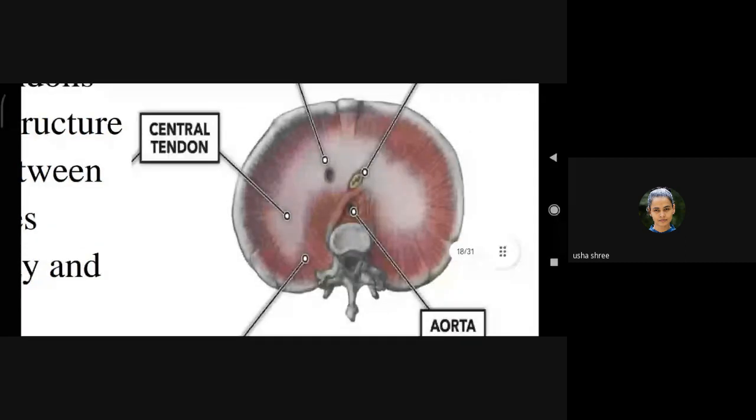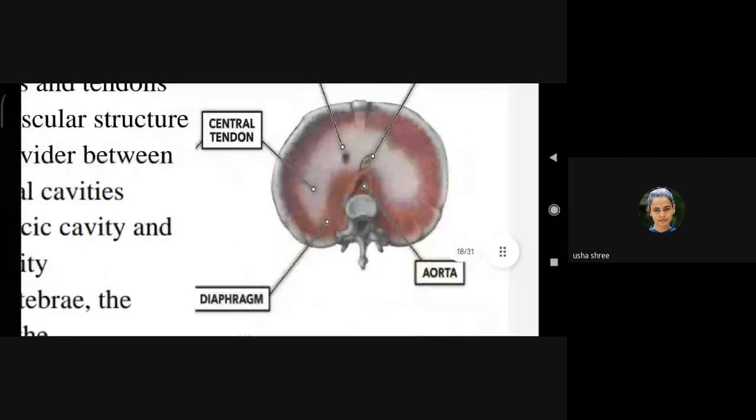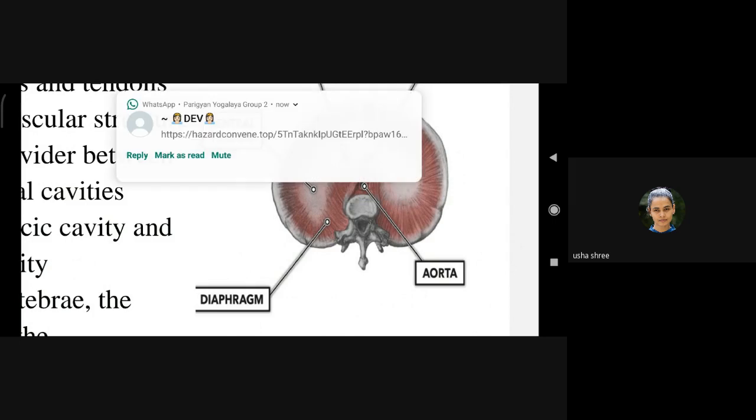clearly shown here in the picture, the upper part of this picture is the frontal side of our body, and the lower part of the picture is the back side of our body. As you can see, this lower part is showing the vertebra, the vertebral body, transverse process, spinal process.